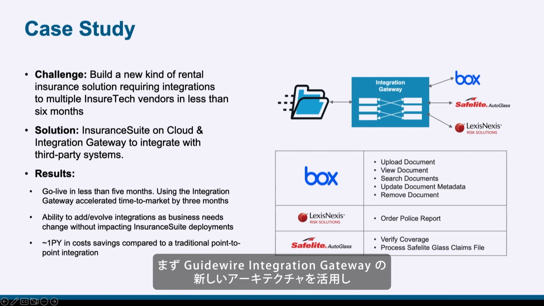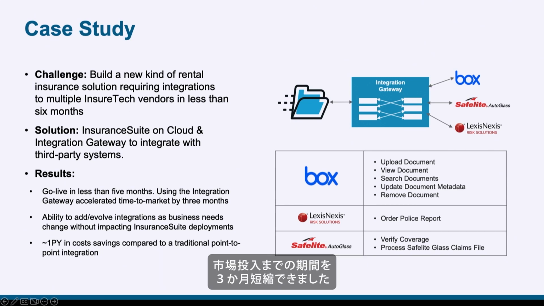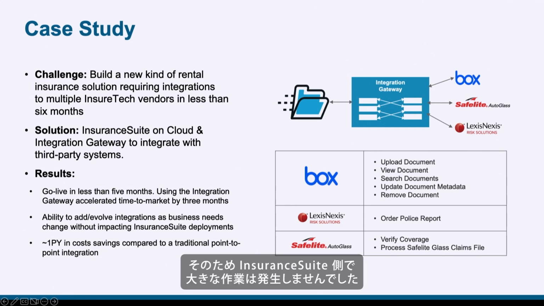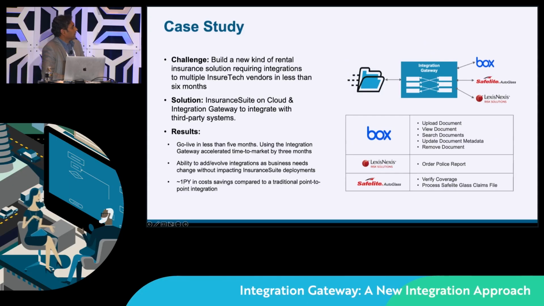Just the integration gateway, because of the new architecture, they could accelerate the time to market by 3 months, right? And the way they did this is they started with one integration, SafeLight, and then they did the next one and then the next one, right? So they didn't really have to do a lot of heavy lifting on the insurance suite side.